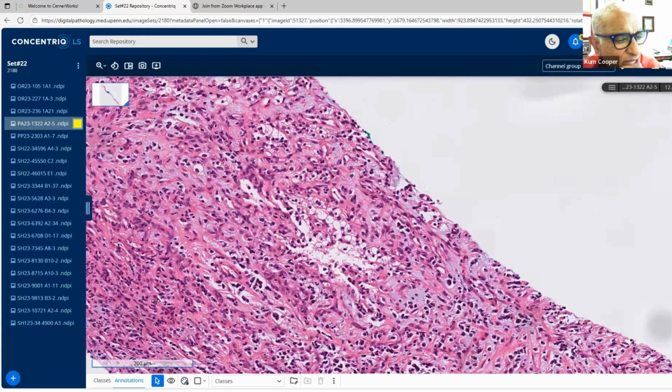So I'm not sure that they've been described in viscera, although I think there may have been a paper recently, but typically when I think of MIFS, as it's abbreviated, I think of extremities. Inflammatory myofibroblastic tumor, yeah, that's a good thought.